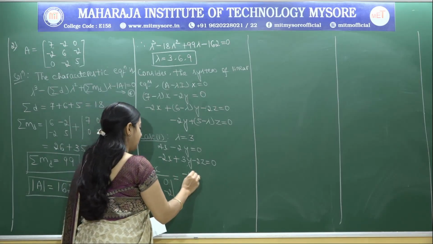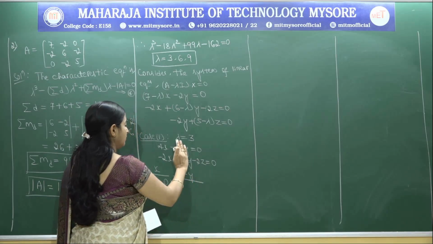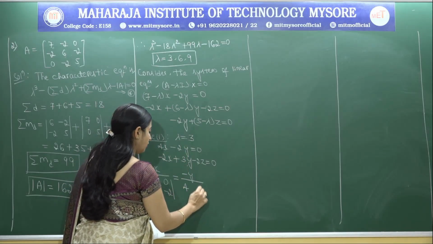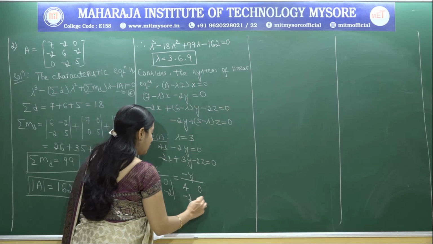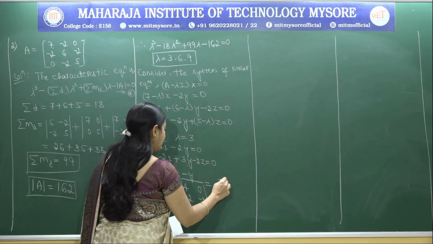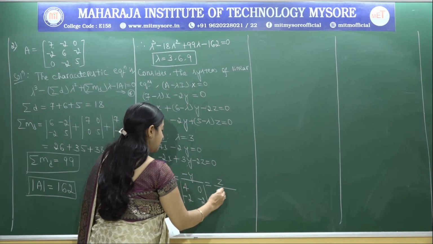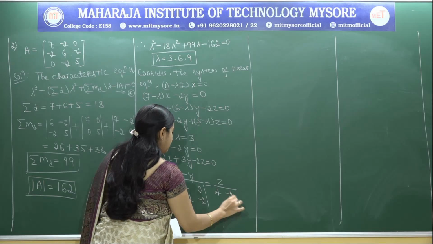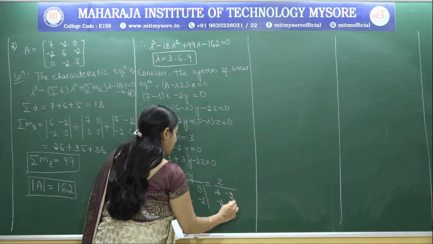Next, minus y divided by, delete the y coefficients, take the x and z coefficients, minus 2 and minus 2. Next, z divided by, delete the z coefficient, I consider the x and y coefficients. It is minus 2, minus 2 and 3.